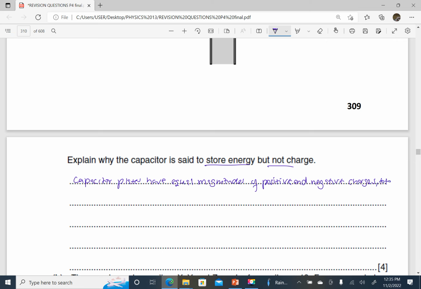So total charge or resultant charge on the capacitor is 0. It has the same number of positive charges as negative charges. So total charge on the capacitor plates is 0. So it does not store charge.